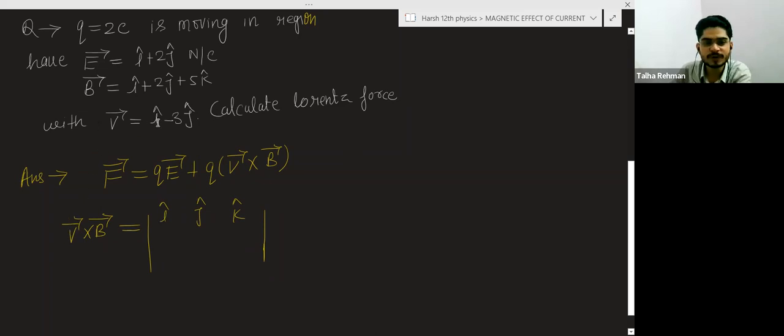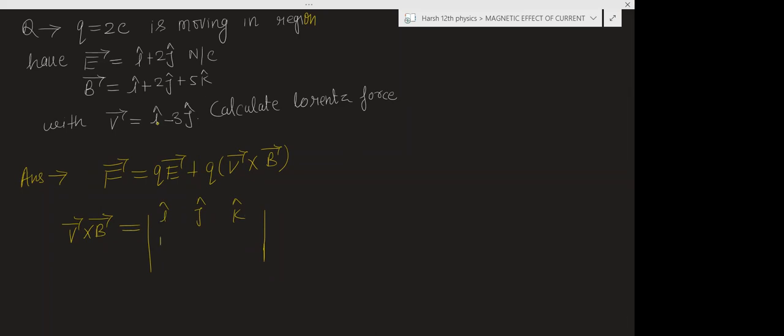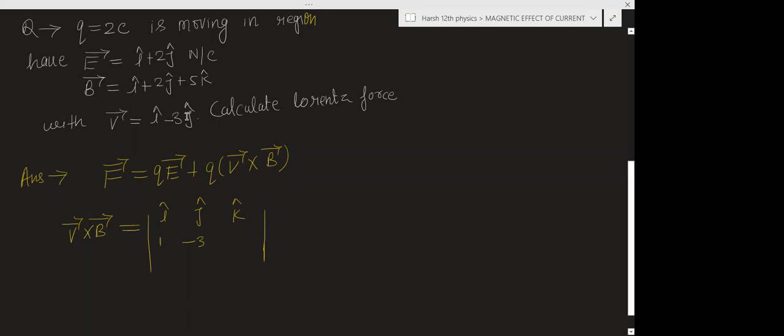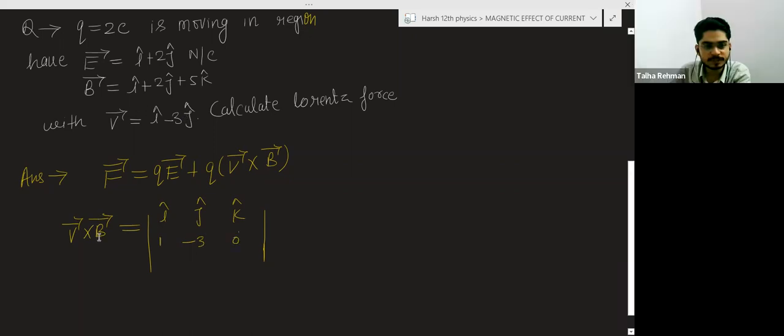What is the coefficient of I cap? 1. Coefficient of J cap is -3. Yes, minus 3. Coefficient of K cap, there is no K cap, so the coefficient is 0. Now for the magnetic field, write the coefficient of I cap, J cap, and K cap. Coefficient of I cap is 1 here.